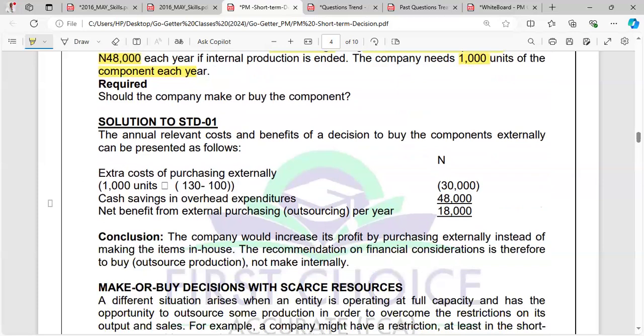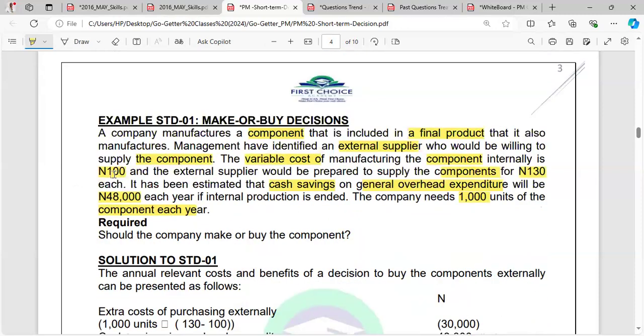Extra cost of purchasing externally. Why do we say extra cost? The company is making it for 100 naira. The external person is saying, I will give you for 130. So what it means is that whether you do it for 100 naira or you go and buy it for 130, at least you will spend 100 naira.